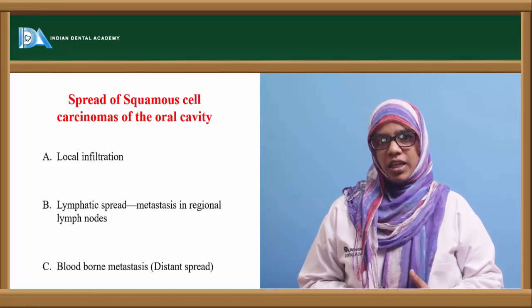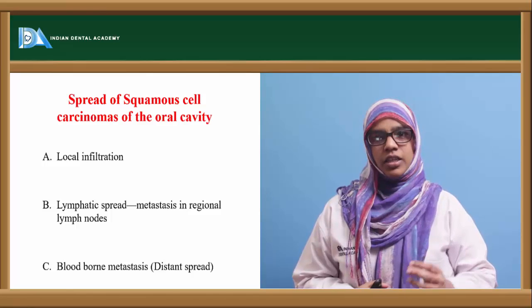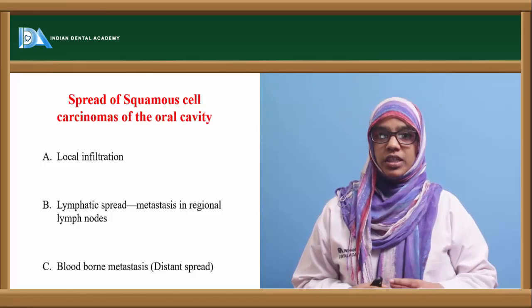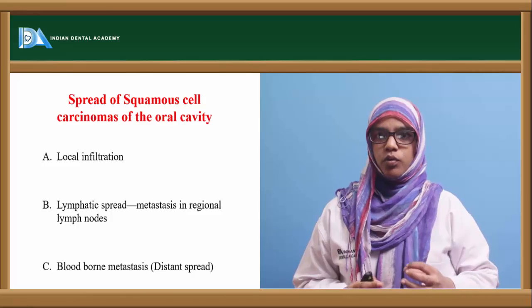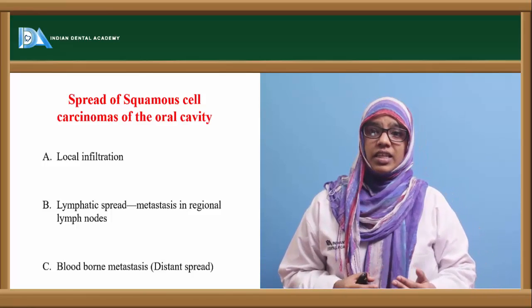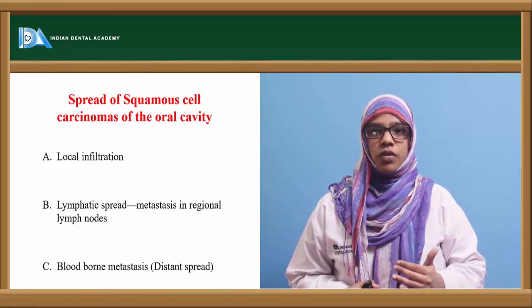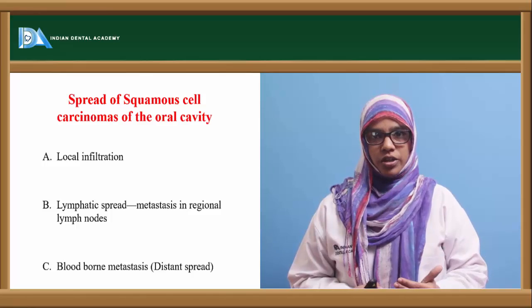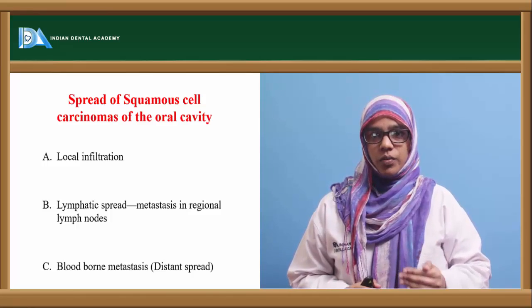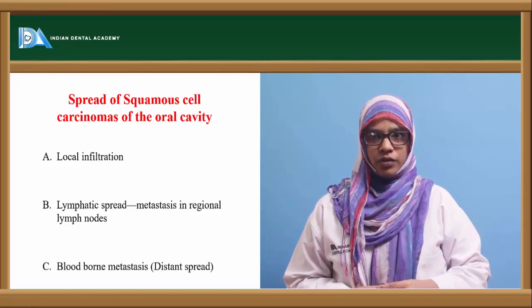Now, the spread can take place by 3 routes. One is local infiltration, that is, from the primary site, the tumor can spread to the local tissues like bone, soft tissue, perineural spread, or vascular spread. The second is lymphatic spread. Now, the lymphatic system is the LOC of our body, that is the line of control of the body. It is the first site where infections are tackled in our body whenever you get prone to any kind of infection.